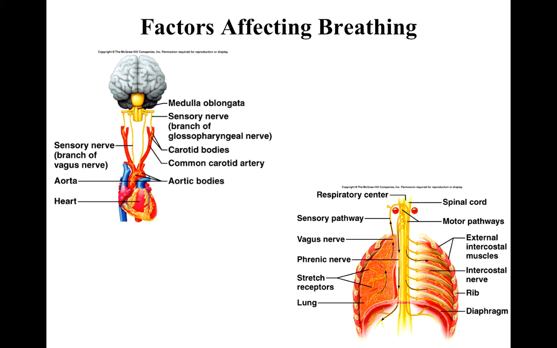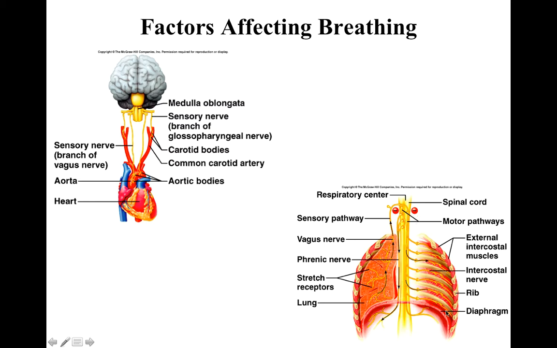High blood CO2 and high cerebrospinal fluid hydrogen ion concentration are a greater stimulus for breathing, in that they stimulate chemoreceptors in the respiratory centers in the brain to cause alveolar ventilation to increase. So, what else?